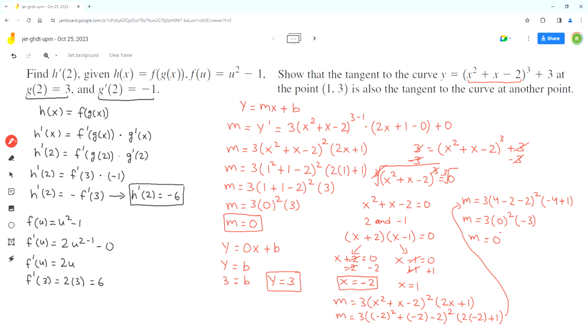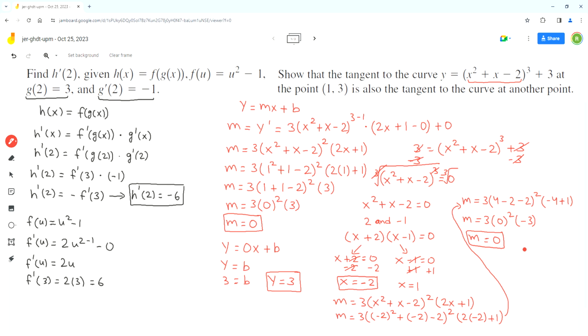That means the tangent line that we found, y equals 3, is tangent to this curve at another point whose x coordinate is x equals -2, because we got the slope of the tangent at that point as 0. So that proves that the tangent line we found is tangent to the curve at another point.